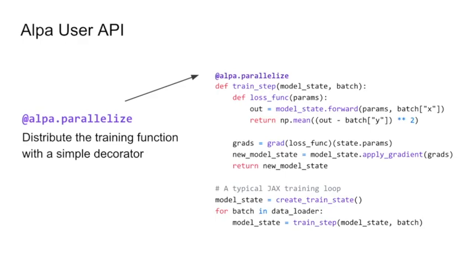You can put this decorator on top of your Python deep learning training function, which is this train step function. When the function is called for the first time, it will trigger compilation. And then the function will be parallelized and run distributed on your cluster. That's all you need to do in order to play with big models using Alpa.